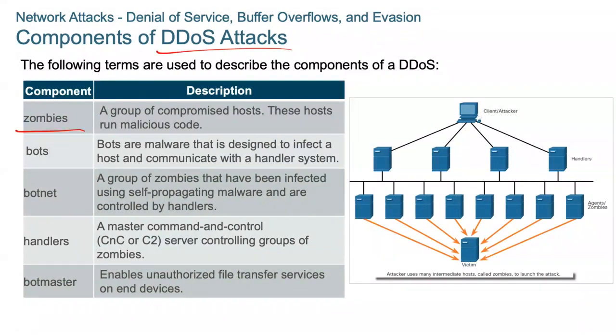One is zombies, as we saw in the video. Another one is your bots and botnet, the handler and the bot masters. So if a threat actor can compromise many hosts, they can perform a distributed denial of service, as we saw in the previous slide. So the DDoS attack is similar in the internet to a denial of service attack, except that the distributed denial of service attack increases in magnitude because it originates from multiple coordinated sources.